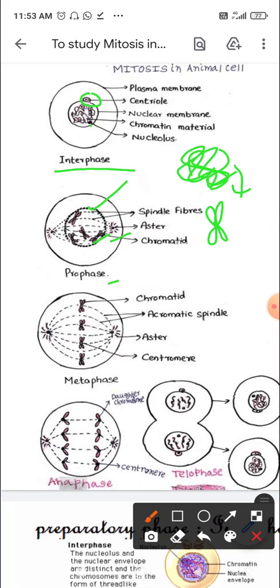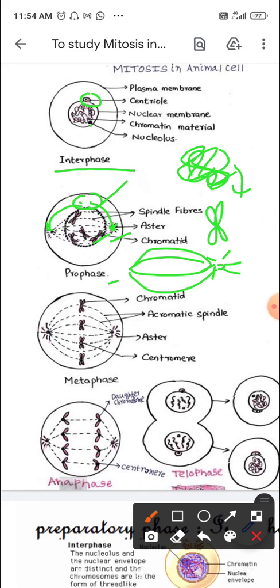The two centrioles, the pairs, move towards the opposite poles, and aster formation starts taking place. From here you can see how the spindle fibers are formed.